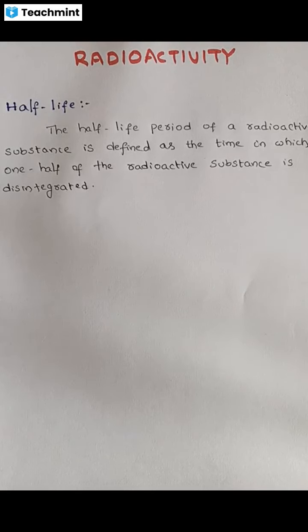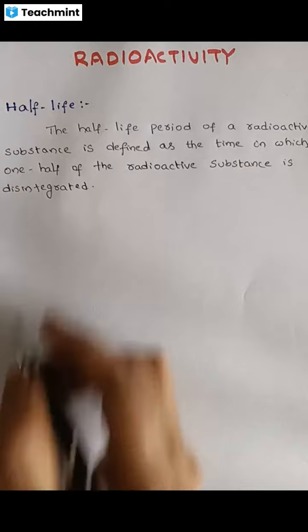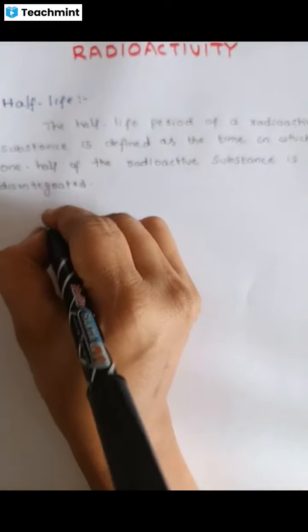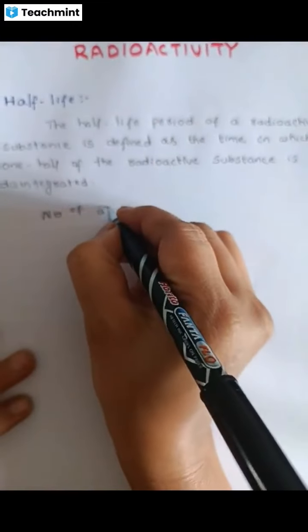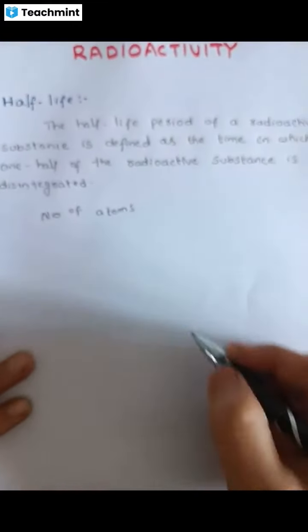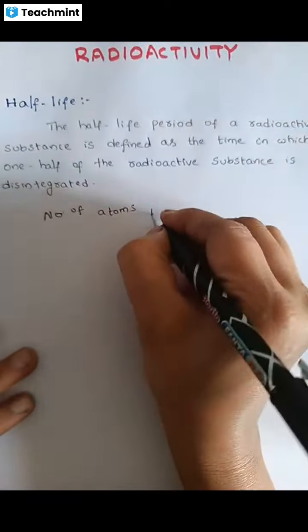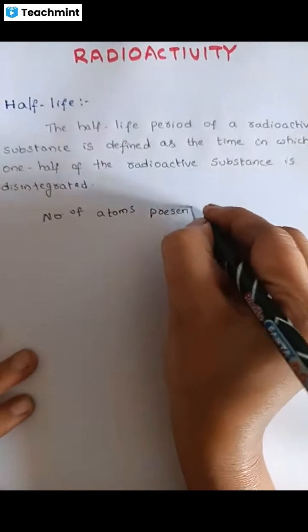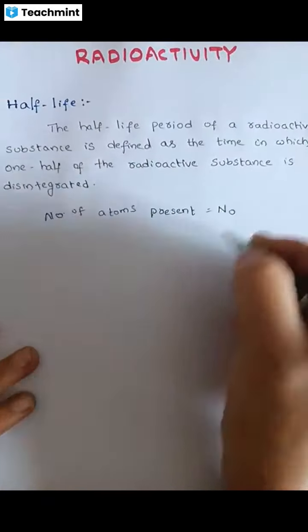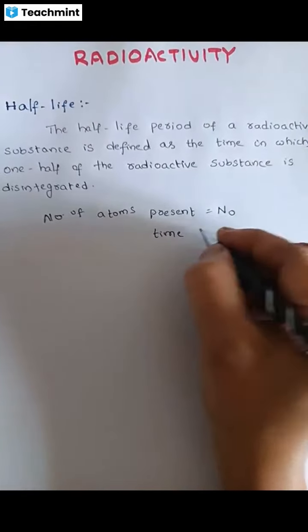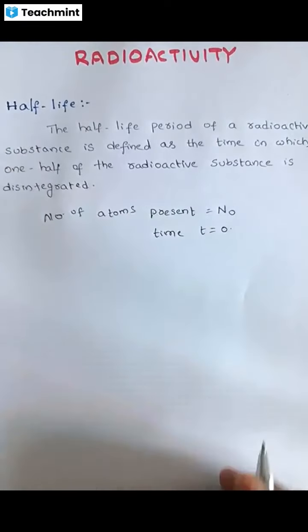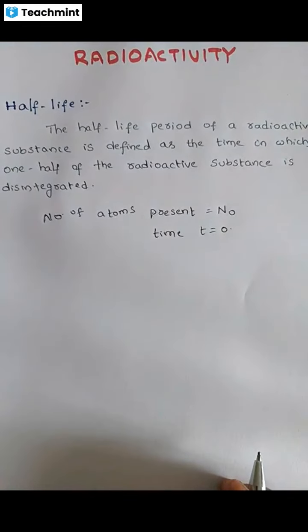Number of atoms present at time t equal to 0, the very starting, is N naught. Time t is equal to 0 seconds.